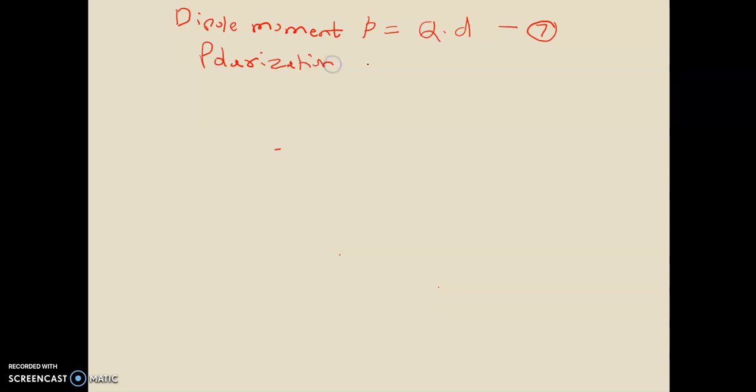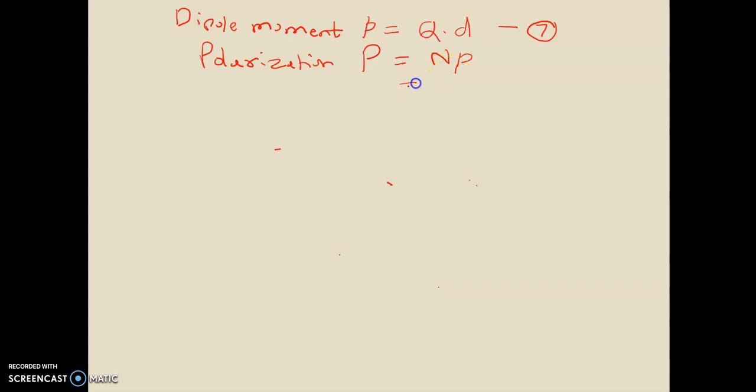Now, polarization. Polarization is capital P. We have seen it is the number of dipole moments per unit volume. This is the basic equation according to the definition: capital P is equal to the number of dipole moments per unit volume.